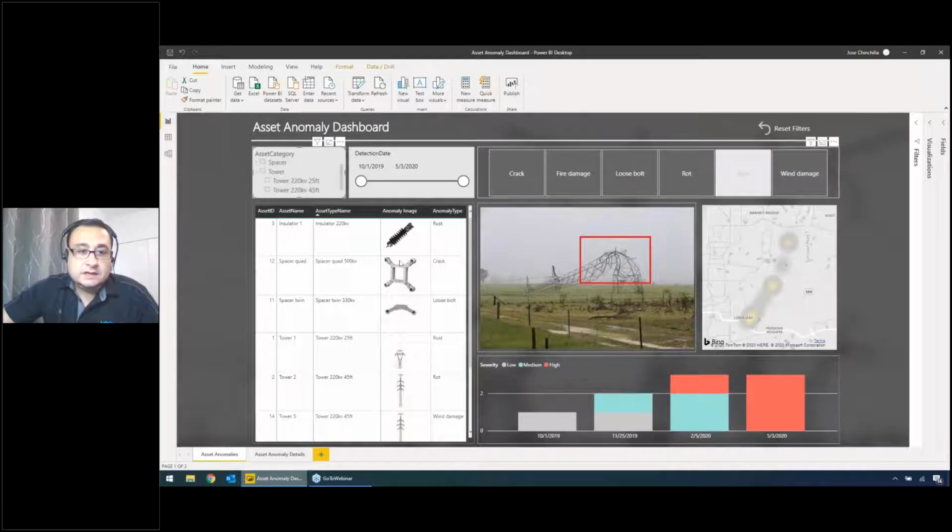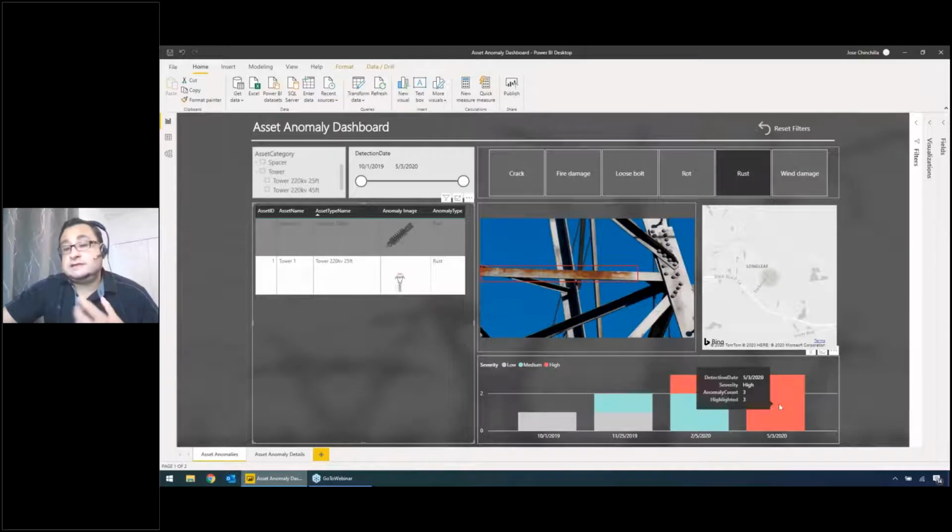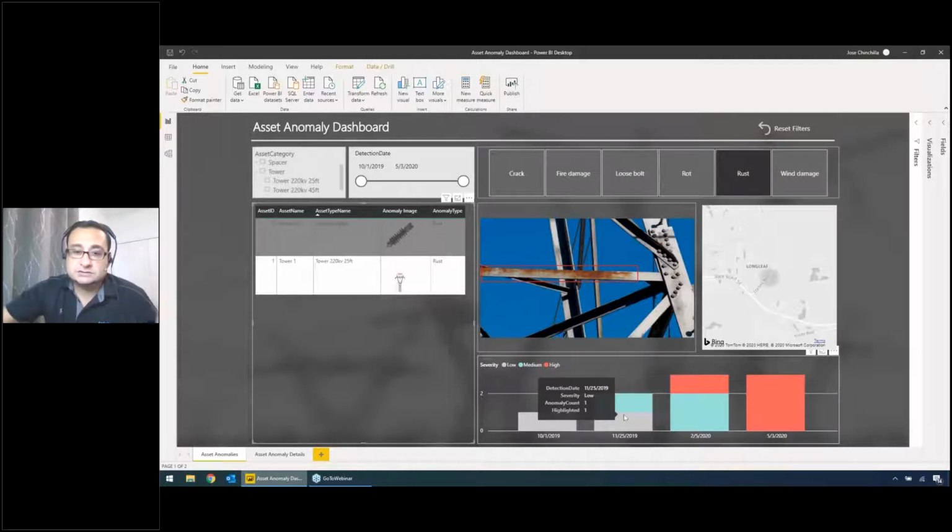In addition to that, as we select this particular tower, we can see the progression of the different detections over time. So one of the first anomalies was discovered on October 1st, 2019. And then every month or so, we've been detecting more and more anomalies. In addition to that, you can see that as time progresses, perhaps nobody has taken action on this asset, on this anomaly.